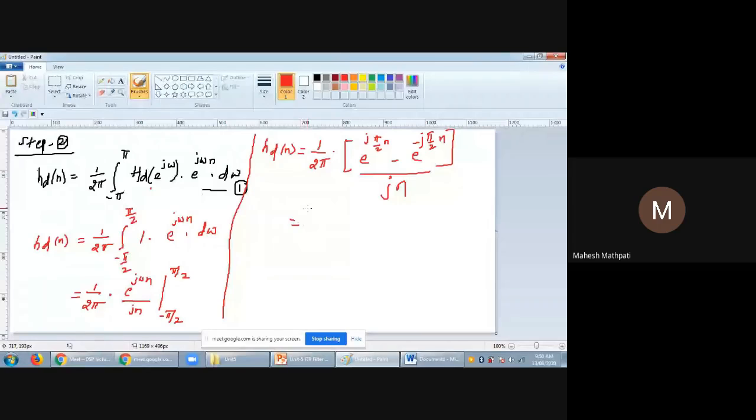Or else this can be written in terms of the sine function.